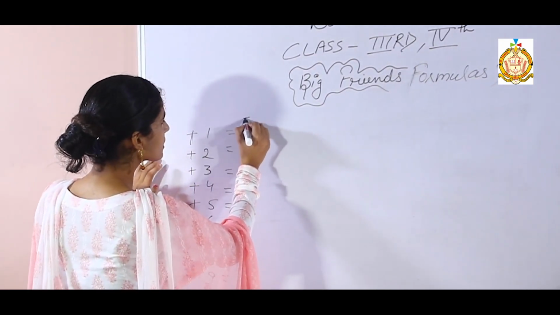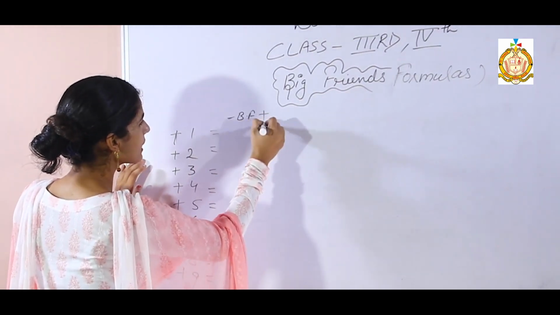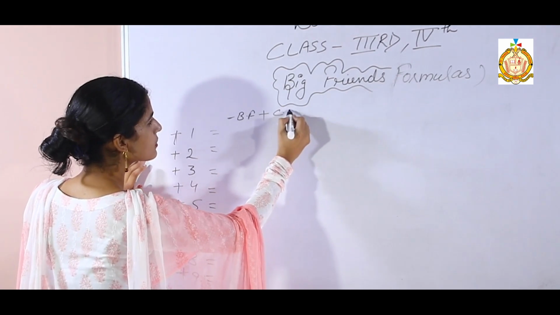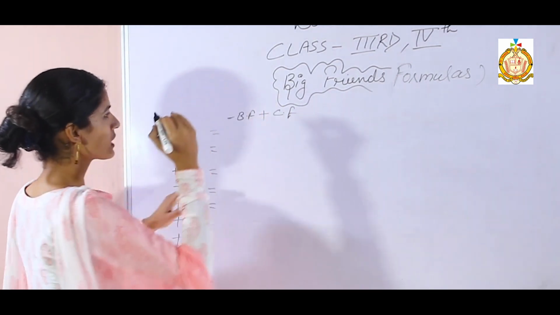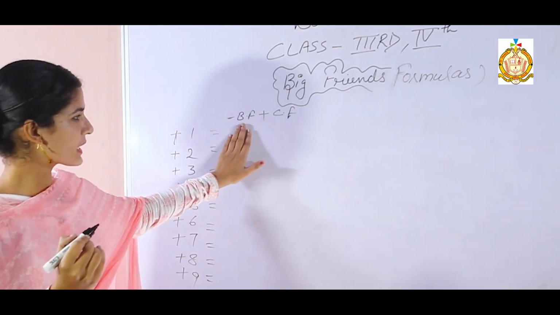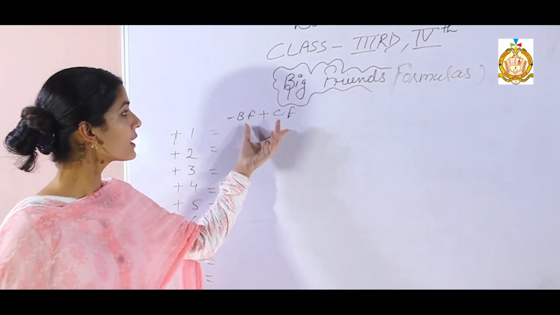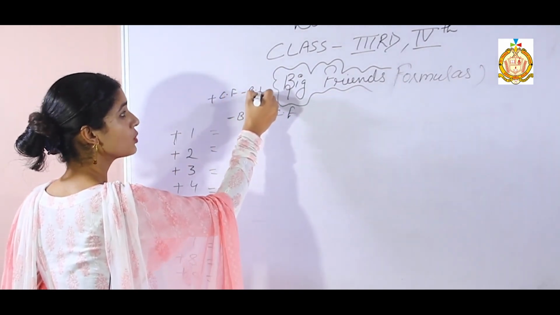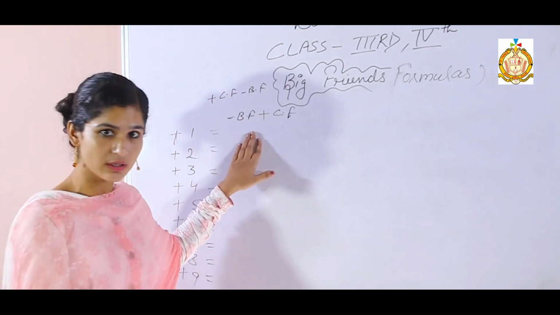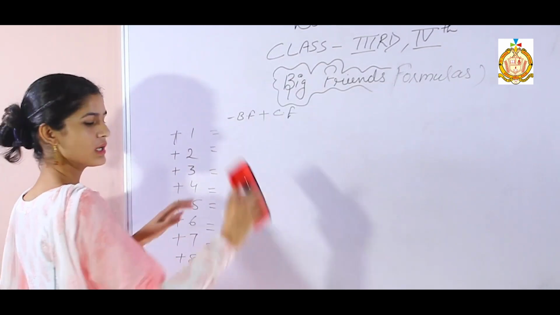Subtract your best friend, add your common friend. You cannot interchange, like add your common friend and subtract your best friend. No. Firstly you have to subtract your best friend and then you have to add your common friend.